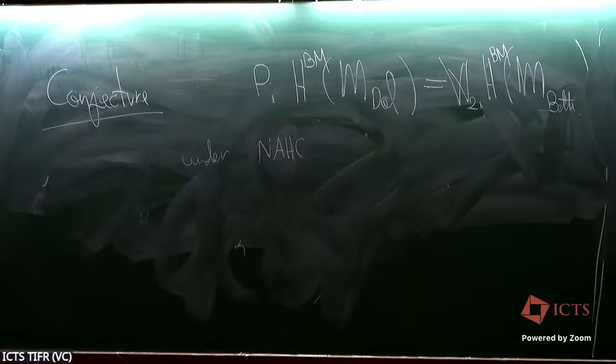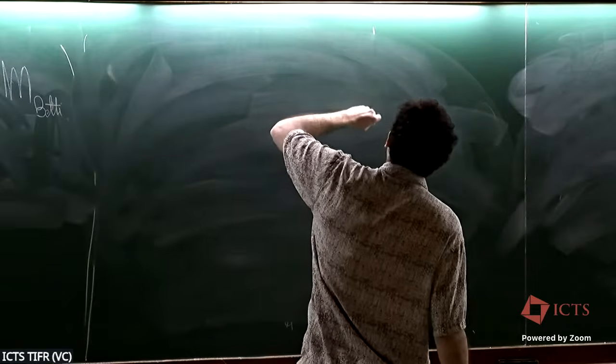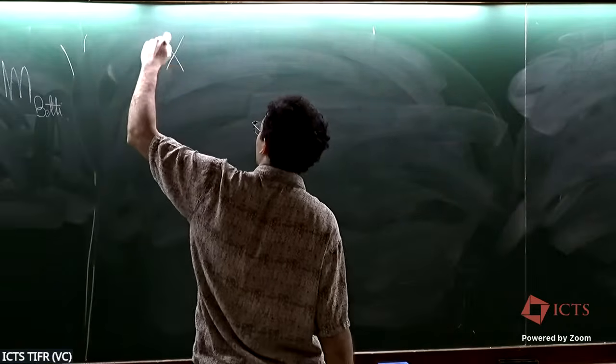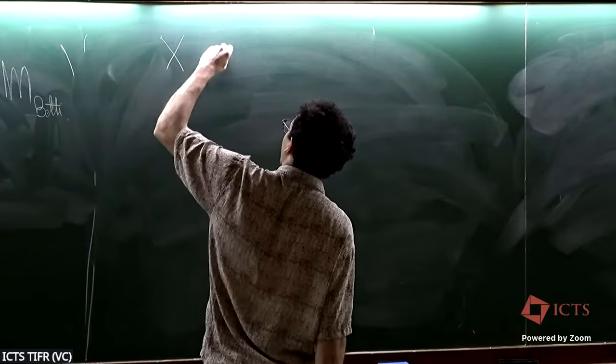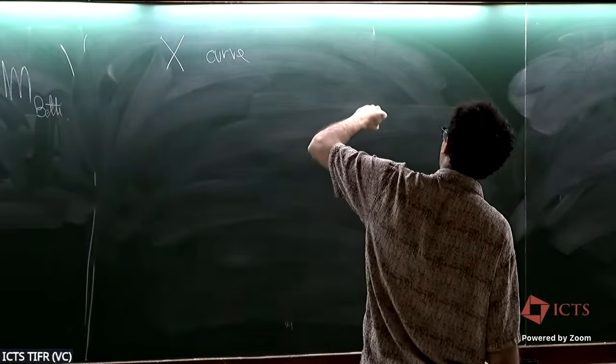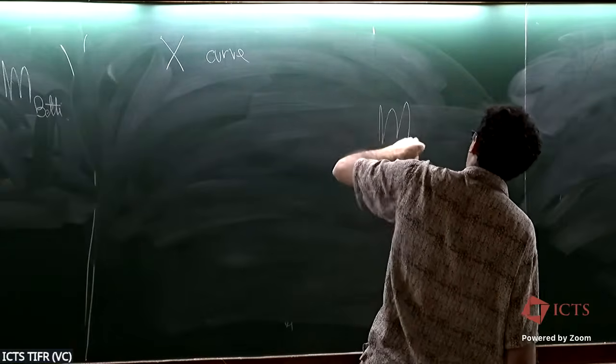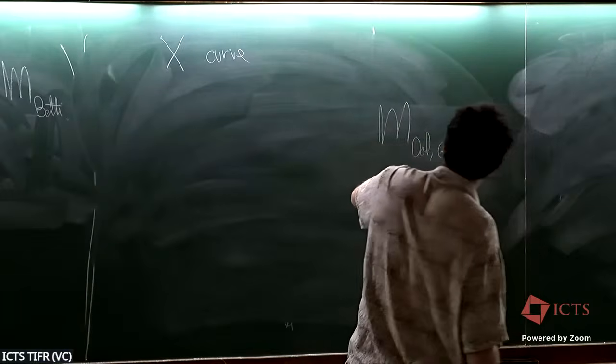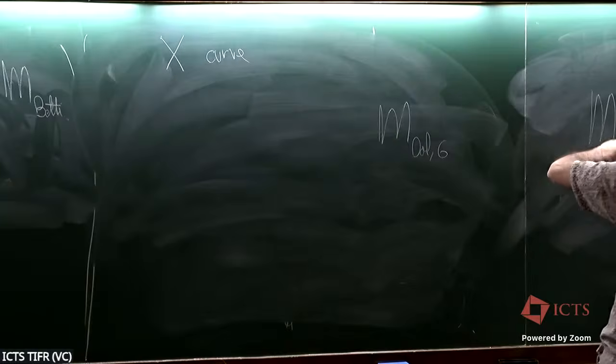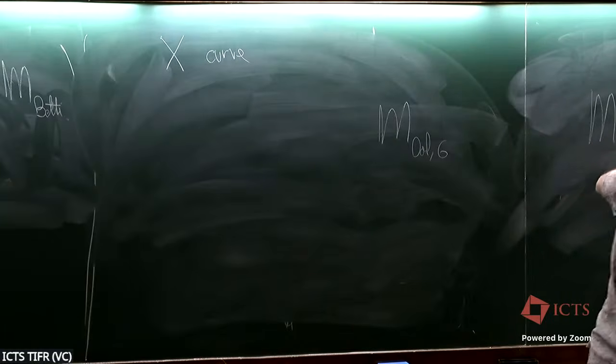So these are analogs of the Hausel-Thaddeus conjecture for any G. So now we're still going to fix a curve X, and we're going to look at the Dolbeault moduli stack for G, and also the Dolbeault moduli stack for the Langlands dual group.